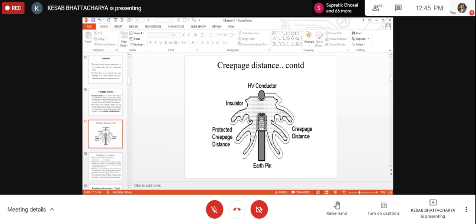These inside surfaces, not the entire thing. Outside surfaces have not been considered. So if raindrops fall here, that will not be able to make these portions or inside portions wet. The sum total of the distances of these sections will be your protected creepage distance.